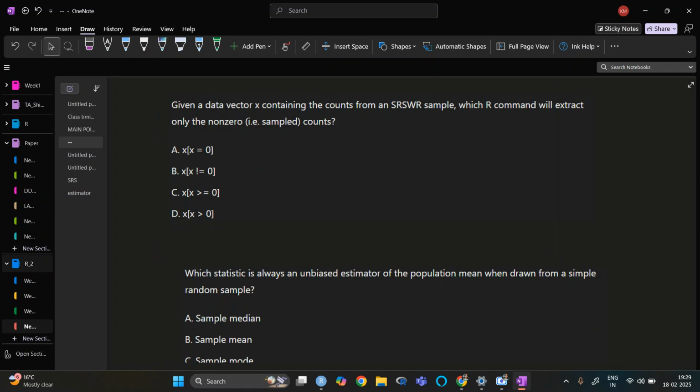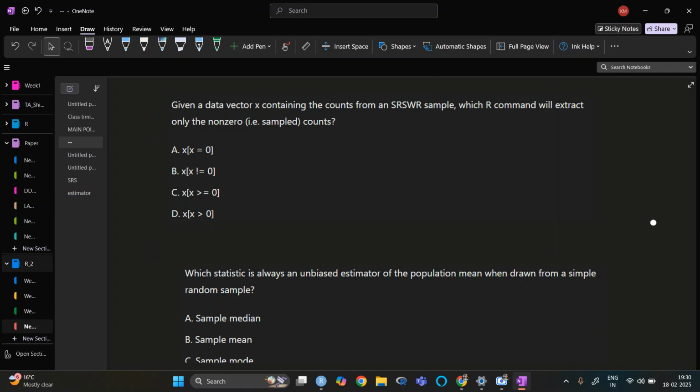In the next question, we have a data vector which counts SRSWR samples, and our command will extract only non-zero counts. So we need only non-zero counts, sampled counts. Greater than or equal to zero, I think option C?